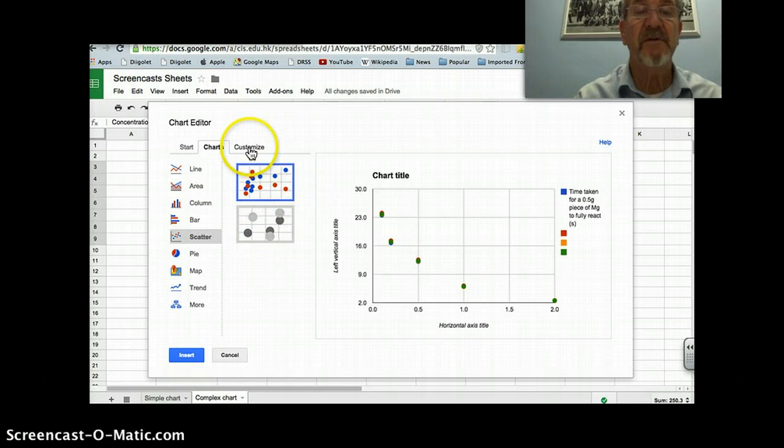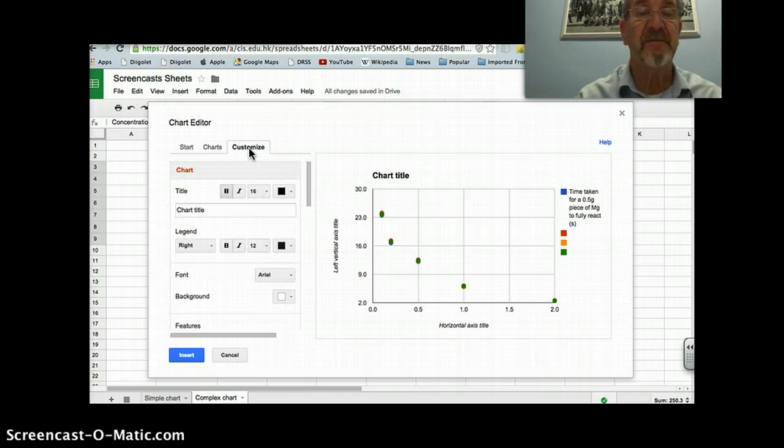Right, so as always, we go up to customize and let's fix this up. Our chart title could be something beautiful like: the time taken for 0.5 grams of magnesium, Mg for magnesium, to fully react in acids of different concentrations.